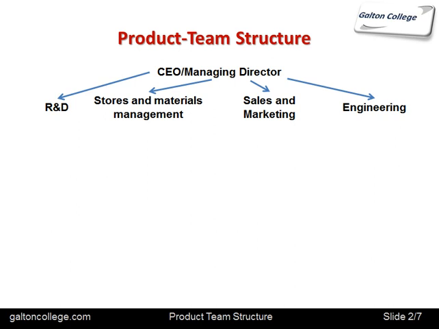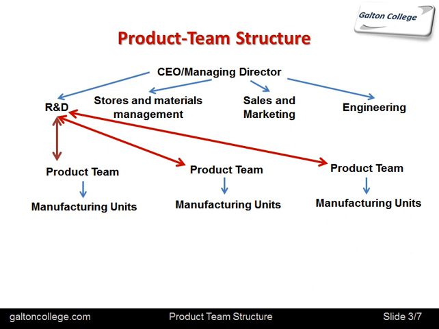And all I'm going to do now is to say, okay, we've got, let's say, the product team, and the product team leads to manufacturing units. So the product team is a team of workers dedicated to making a particular product. And they will draw on the services of the Research and Development Department.